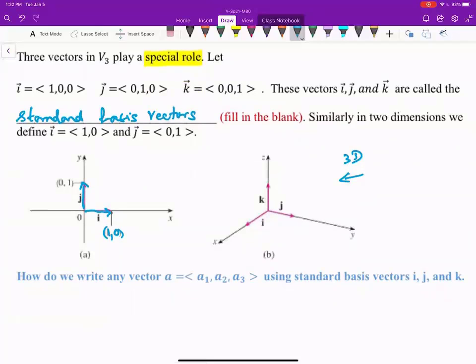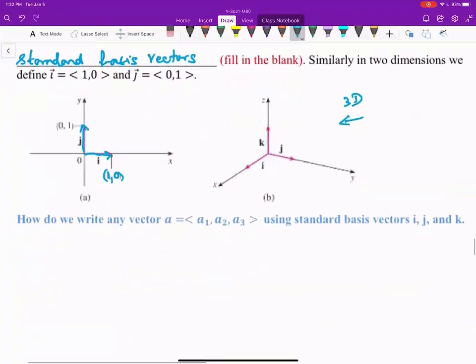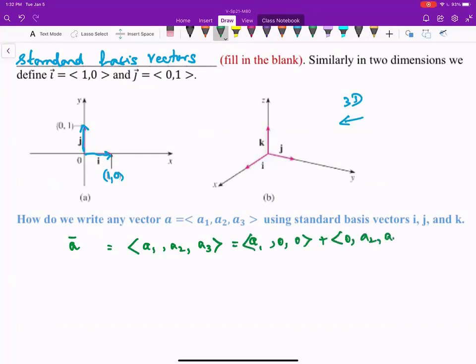How do you write any vector A, which has components A1, A2, A3, using standard basis vectors? This is an important piece of information. A, which has components A1, A2, A3, I can write as A1, 0, 0, then 0, A2, 0, and the third vector can be written as 0, 0, A3.